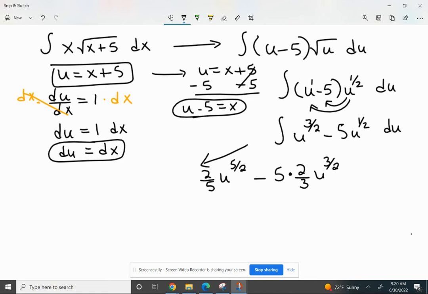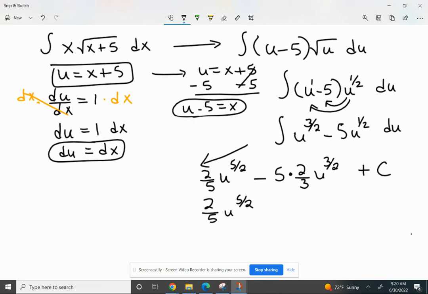So I have negative 5 times 2/3 u to the 3/2. I can now simplify a bit. Oh, I really should have put plus c at the end.